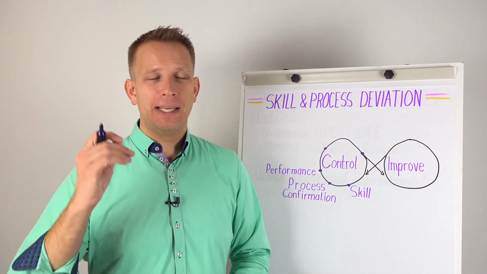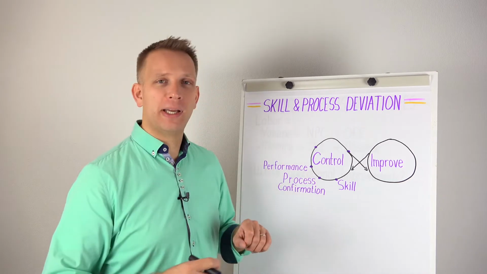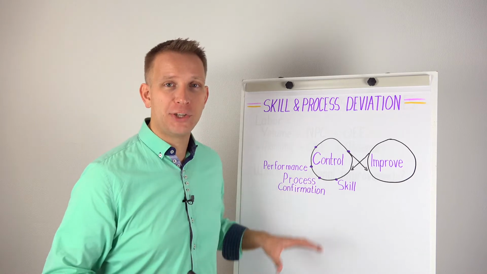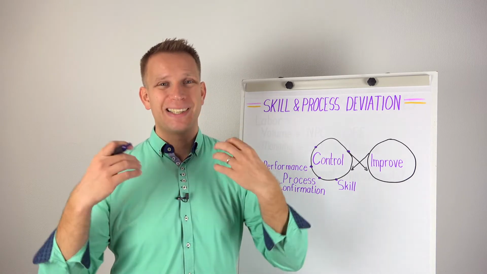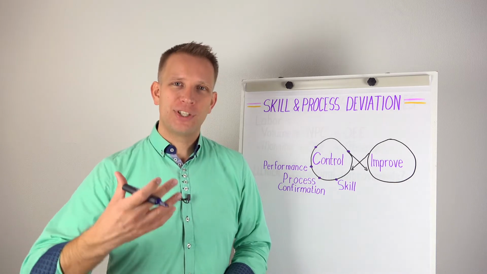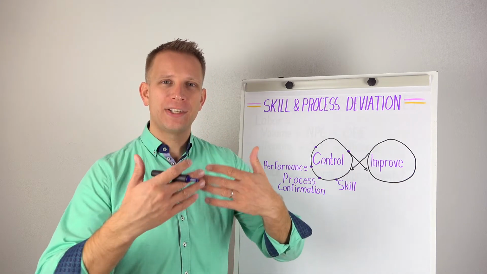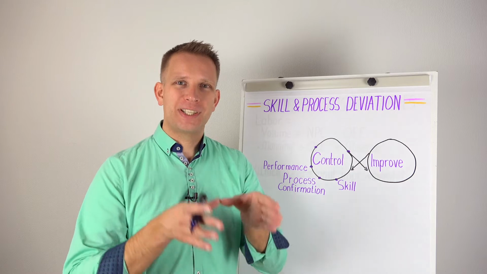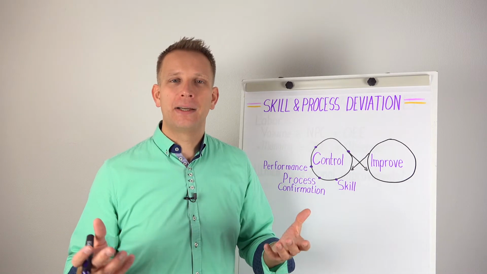Now, here is a very important role for leadership, and that's also why I have a couple of videos on process confirmation, why it is a really important system to set up within your organization. Basically, what you do here is managers and leaders check the processes, they confirm the ways of working of processes that are within their sphere of influence, within their responsibility.